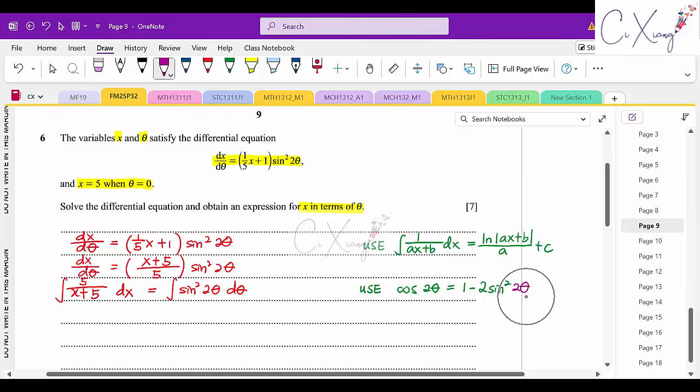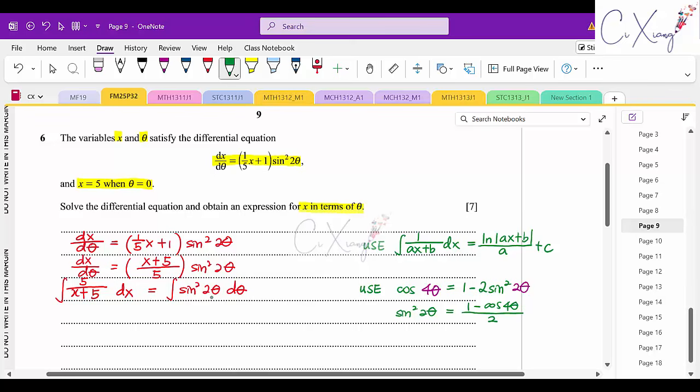Now if I modify this angle as 2 theta, the original angle needs to be multiplied by 2 and it will become cos 4 theta. Then I can rephrase my equation: sine square 2 theta equals 1 minus cos 4 theta, divided by 2.